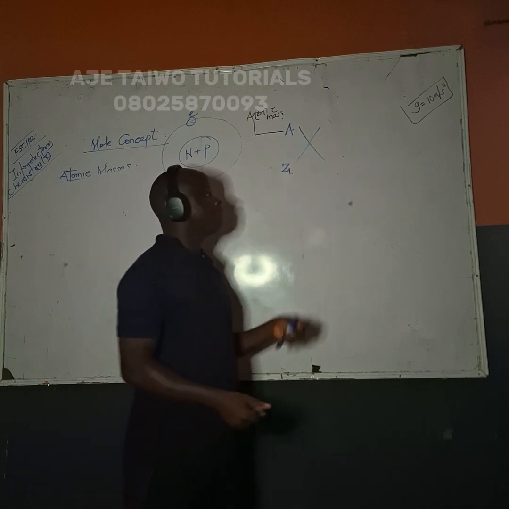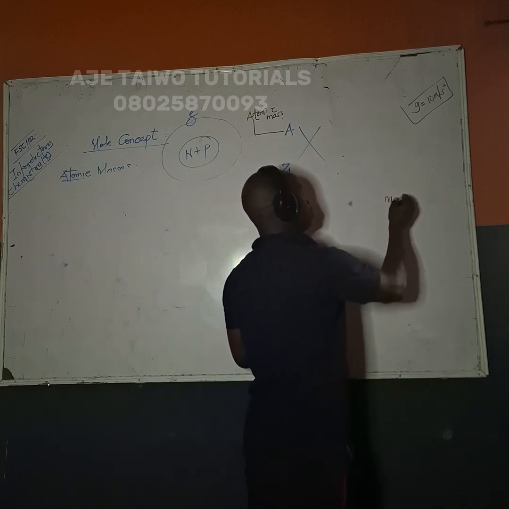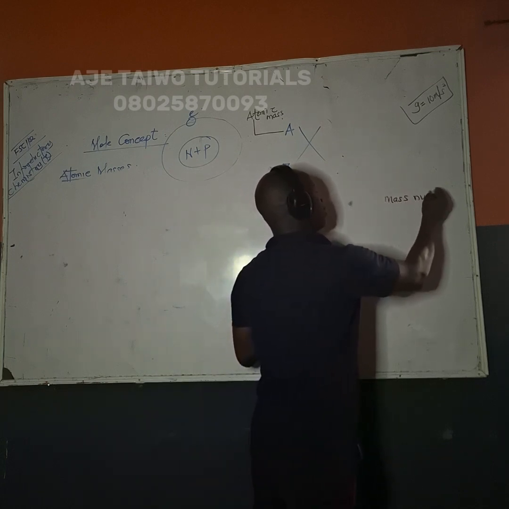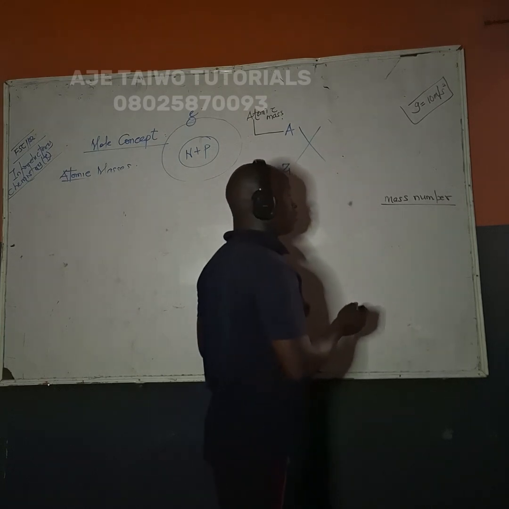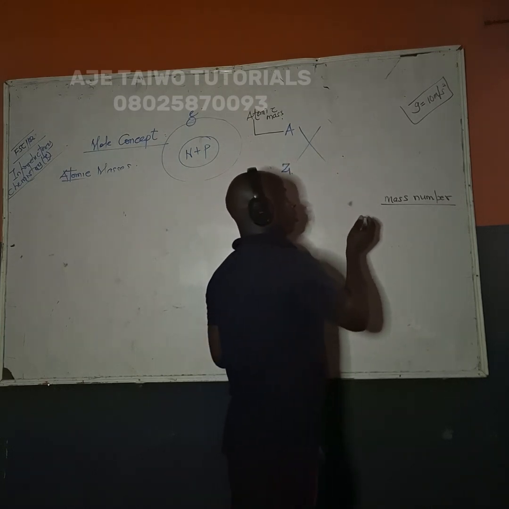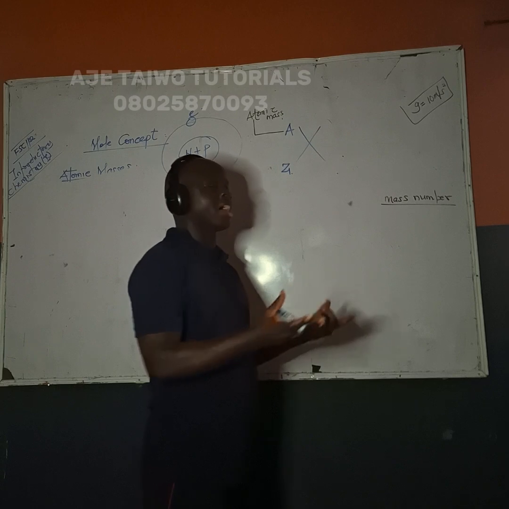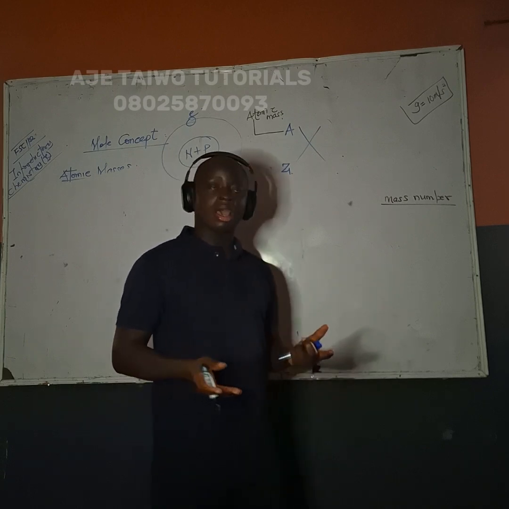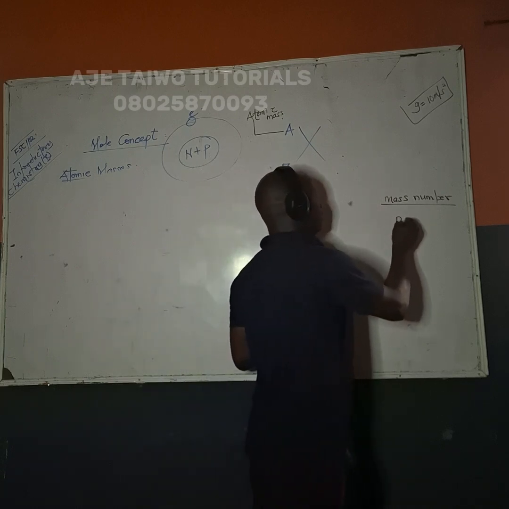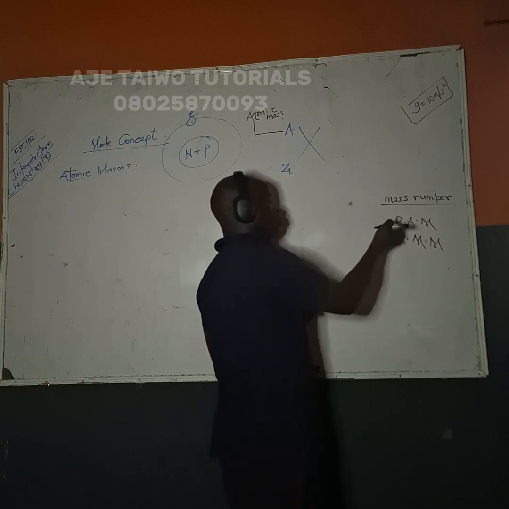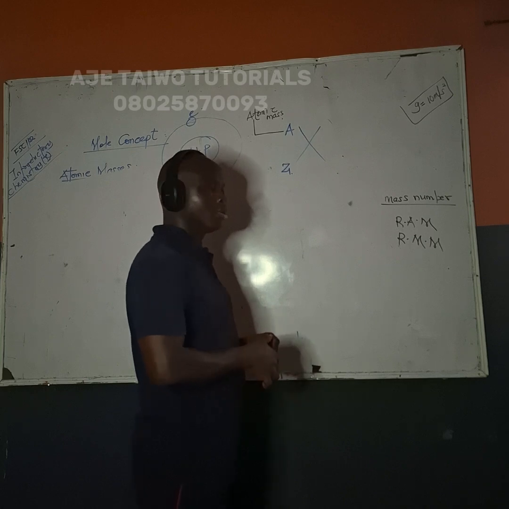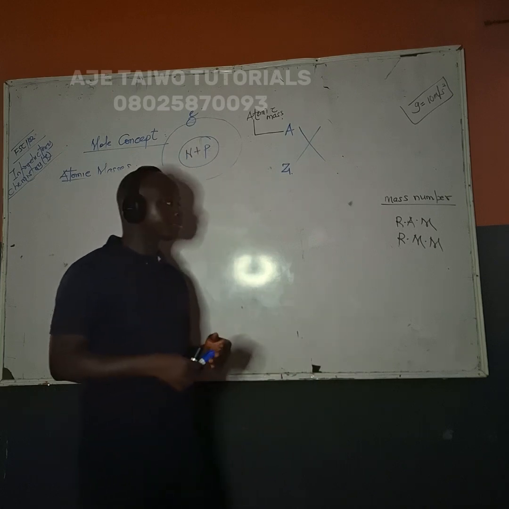Mass number can be two things. People classify mass number as either relative atomic mass or relative molecular mass, even though it's not allowed.